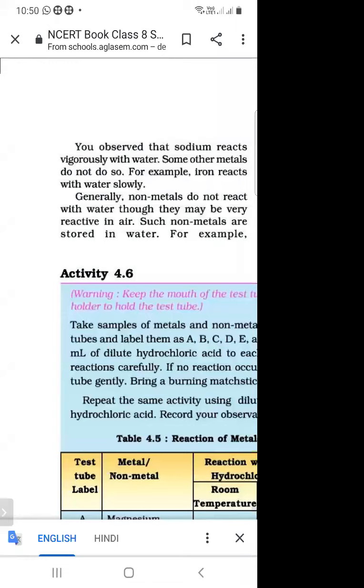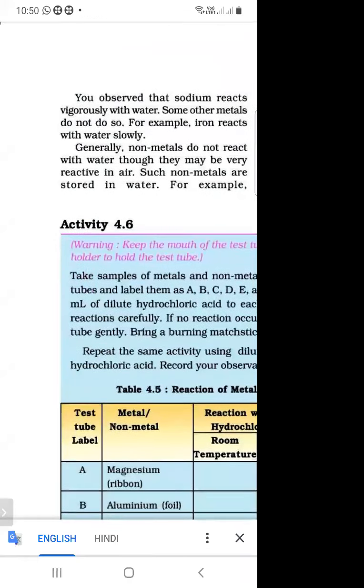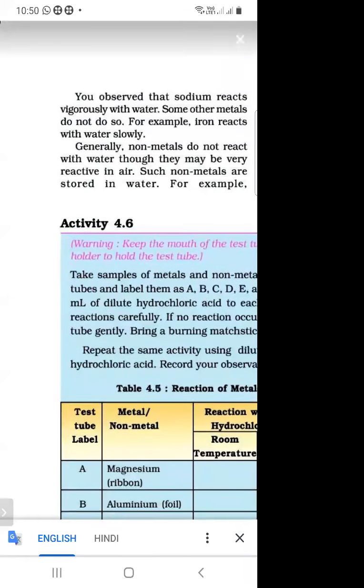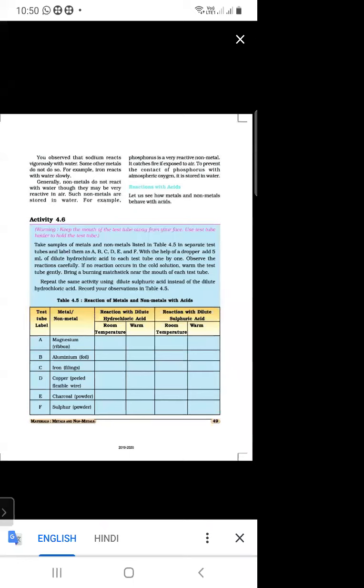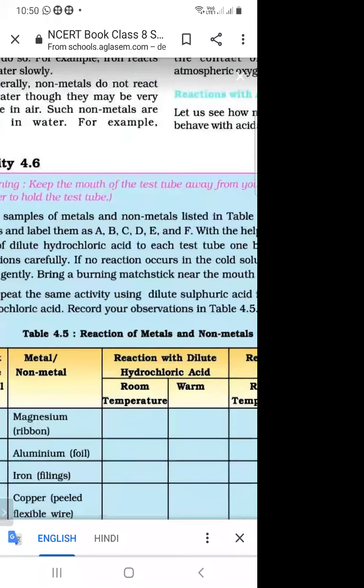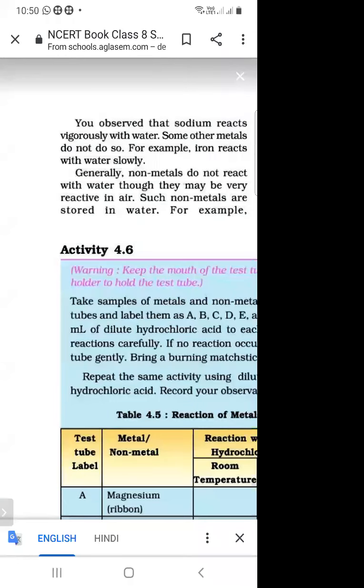But some metals do not react, and some react very slowly with water. And what about non-metals? Non-metals do not react with water, but all non-metals can be reactive in air.